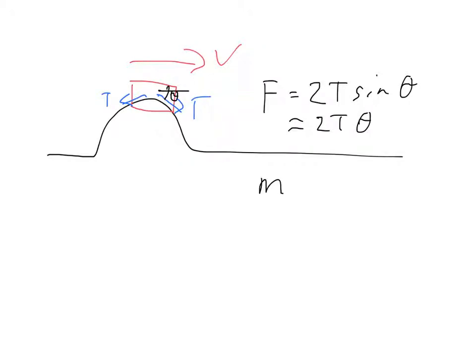So we should be looking at tiny little bits of mass, and that should be related to what we call the linear mass density. So mu has units of mass per unit length, over whatever tiny little distance we're looking at here. So a really small infinitesimal region is what we should be looking at.